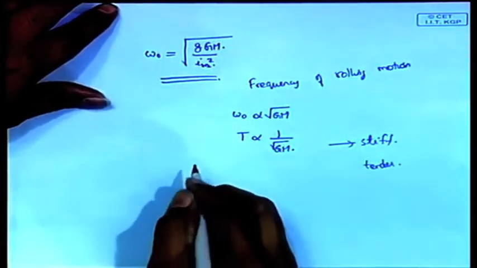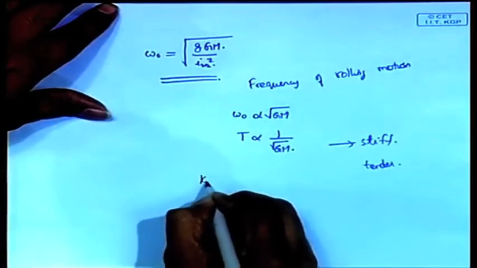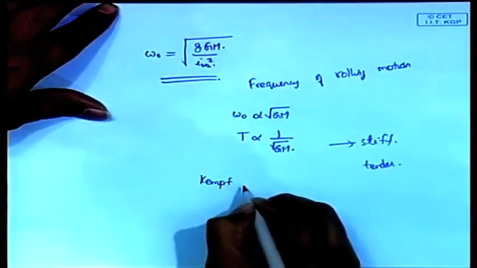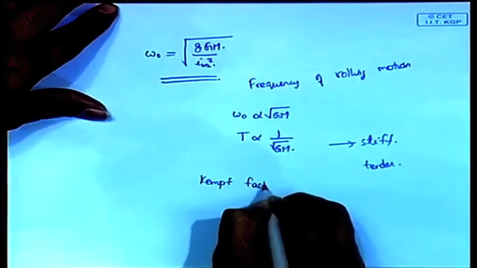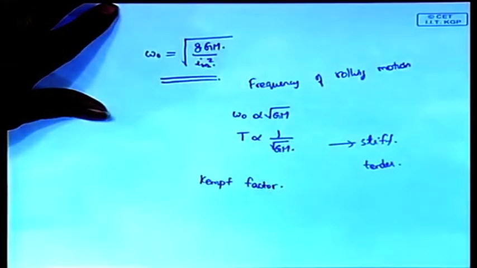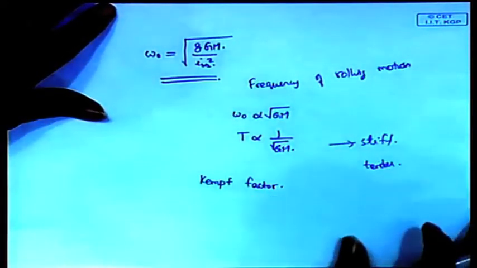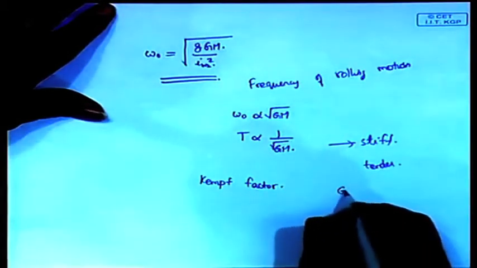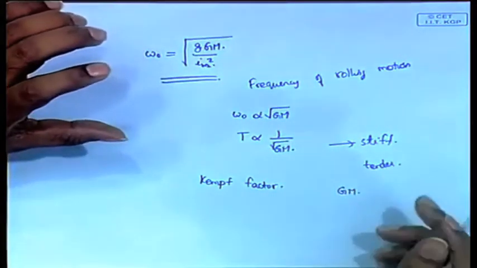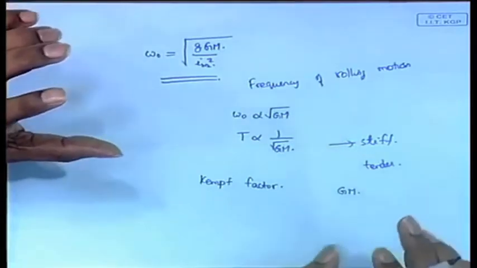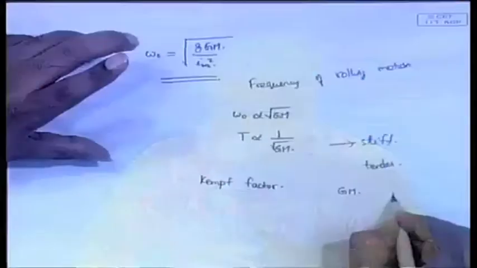Well, this is not that important, but there is something known as the Kempf factor, proposed by Kempf. We haven't done it, so you won't know. There is a relation, not exactly a relation but a maximum limit, between GM and the breadth of a ship.